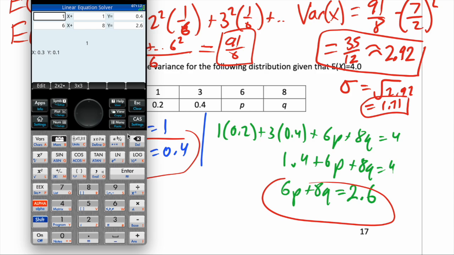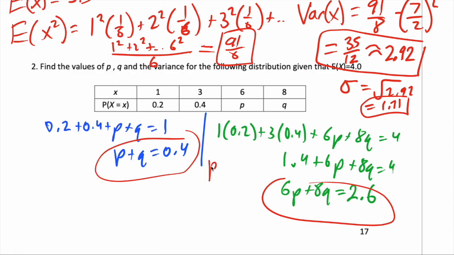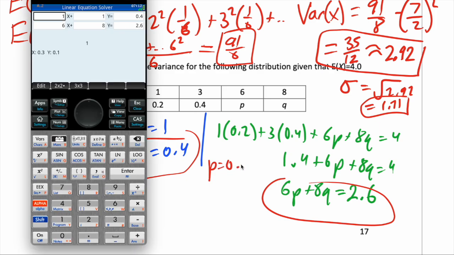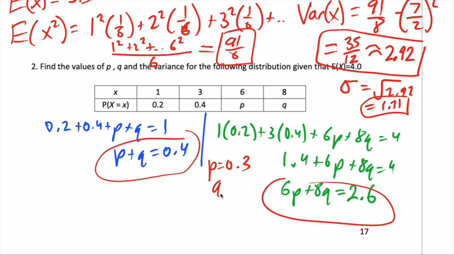Okay, you get answers 0.3 and 0.1. So P equals 0.3, Q equals 0.1.